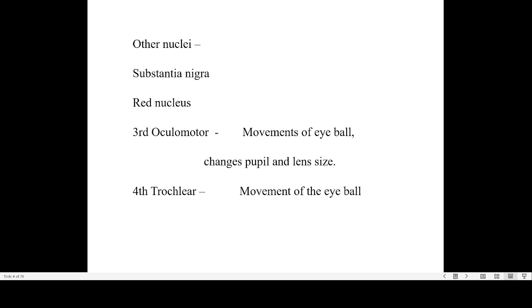Apart from that, internally there are other nuclei. What are those other nuclei? Number one is the substantia nigra, an important nucleus.